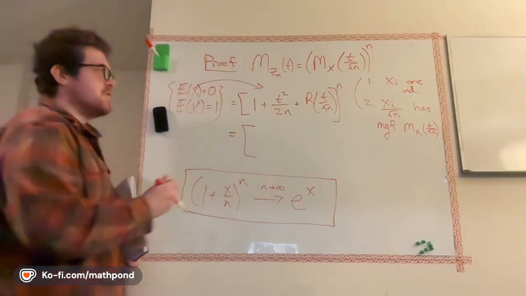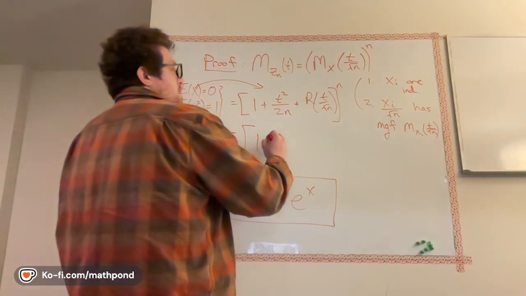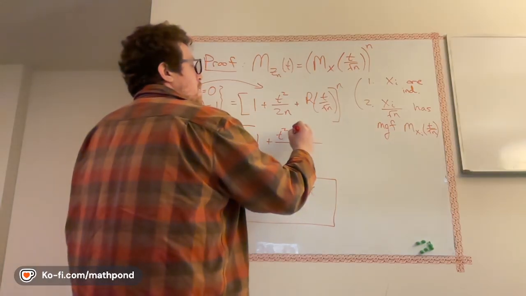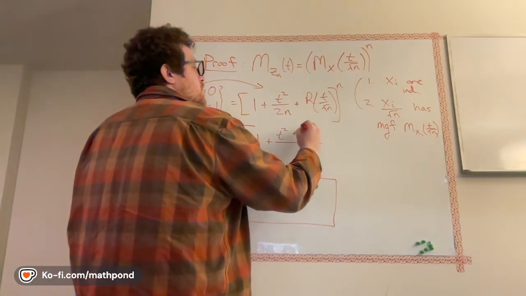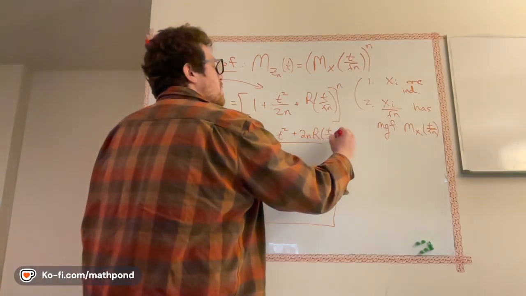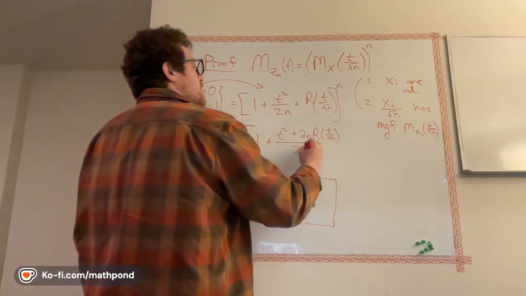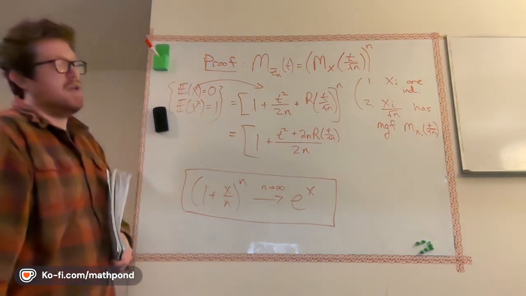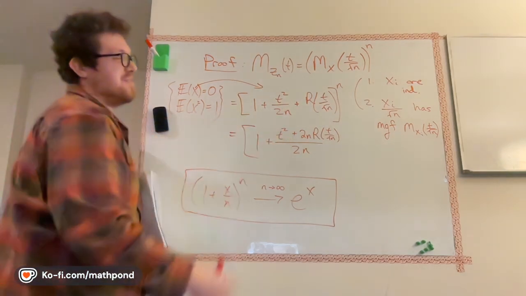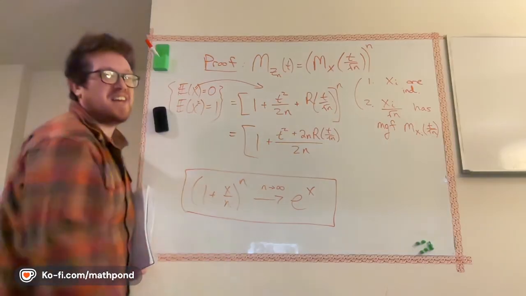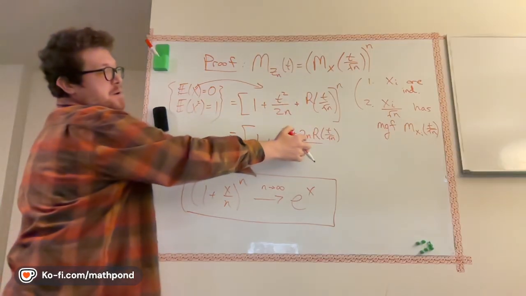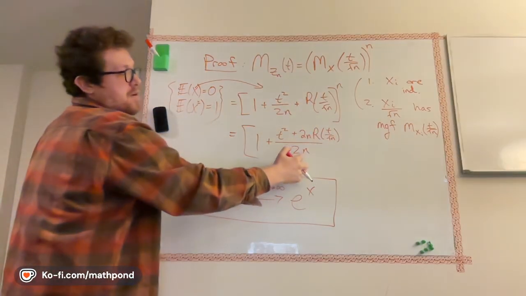So what I'm going to do here is rewrite this as 1 plus t squared over 2n plus r of t over square root of n. So just getting a common denominator, multiplying by 2n. Now we can add it on the top here over 2n.